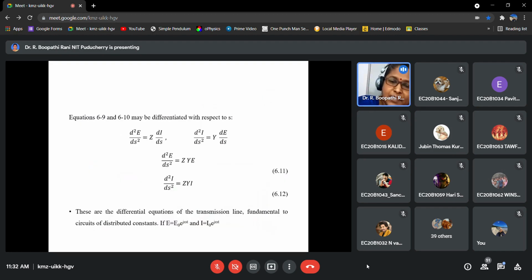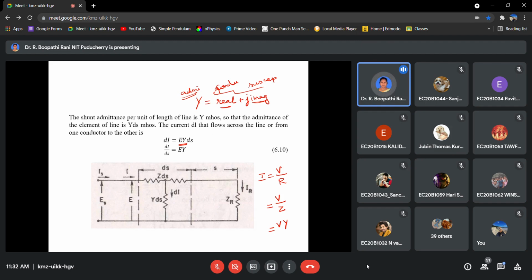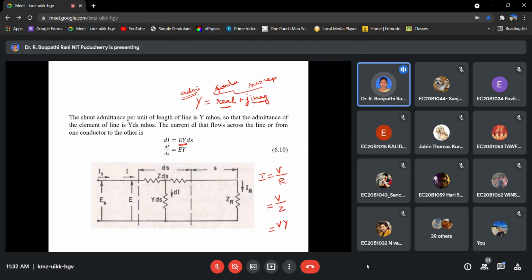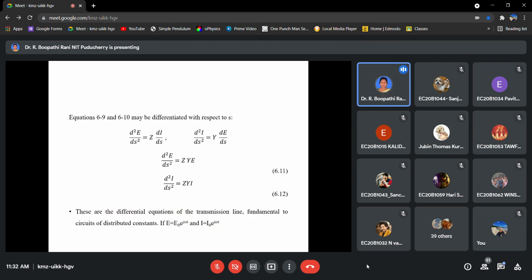Next, we are differentiating the two equations we obtained with respect to S. So what did we get? dE by ds equal to Iz. Differentiating with respect to S, we get d squared E by ds squared equal to Z di by ds.